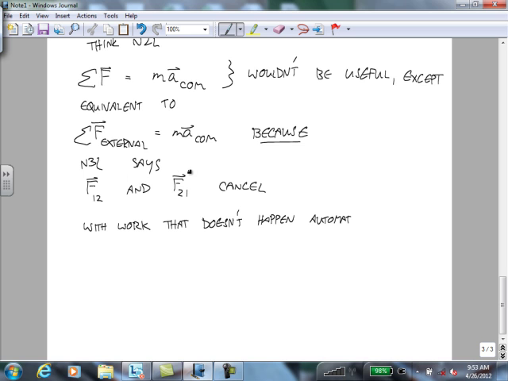Let's say the work done by internal loads doesn't automatically cancel, doesn't always cancel. And to see that, think about the definition of an increment in work, some little quantity of work.